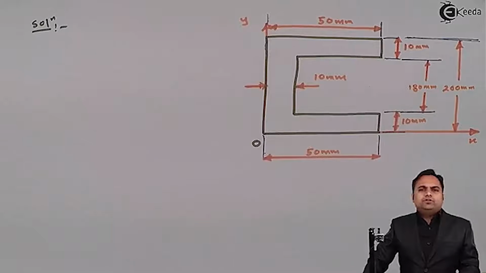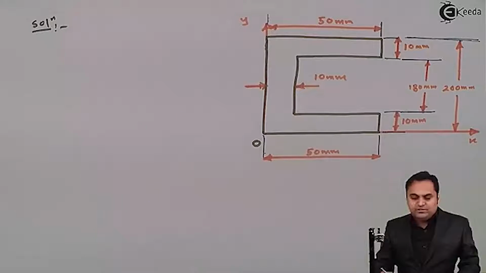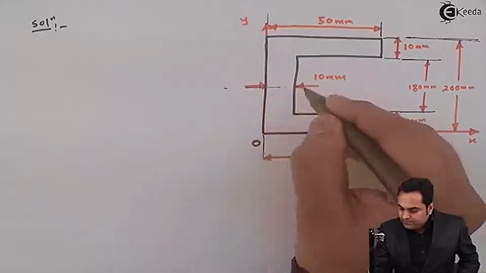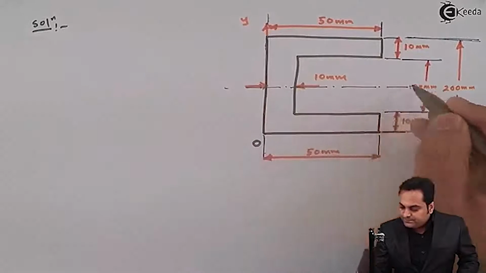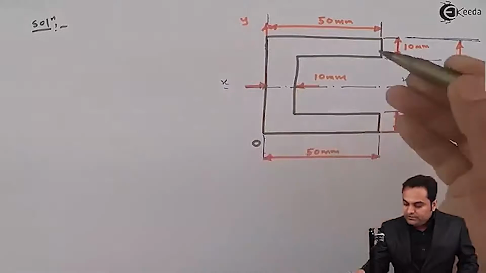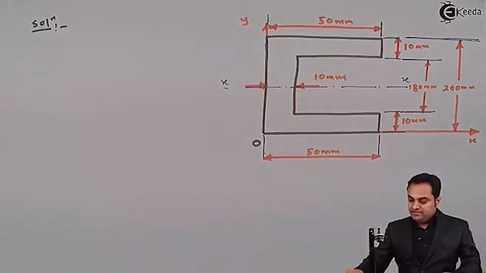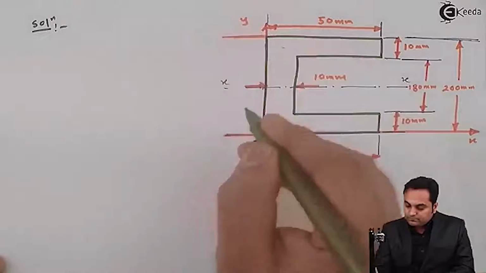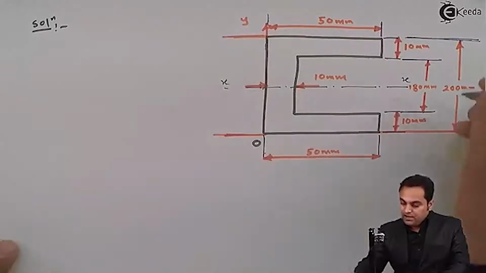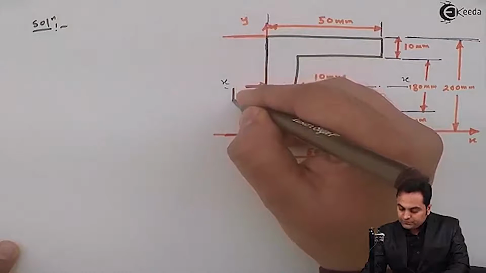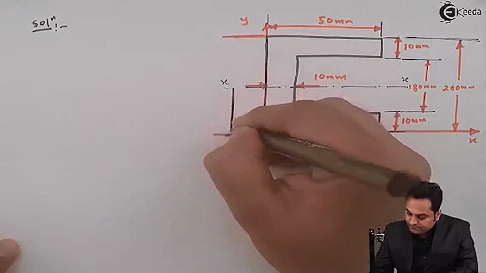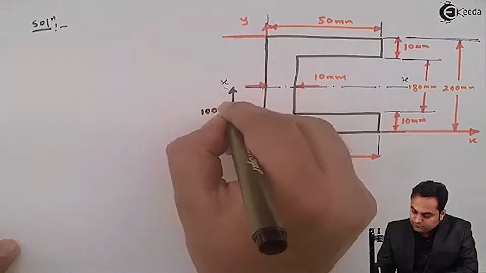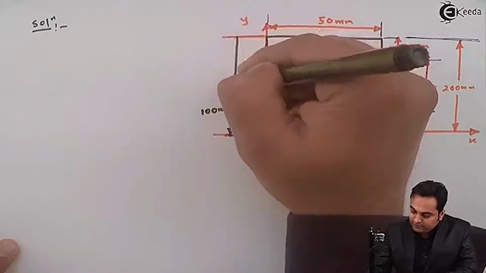So we need to know the location of the centroid, and as I can look into this diagram, I can say that this C section is symmetric about the x-axis, and when it is symmetric about x-axis, I know the location of this x-axis. This is half of 200, so this distance is 100 mm from bottom and even 100 mm from top.